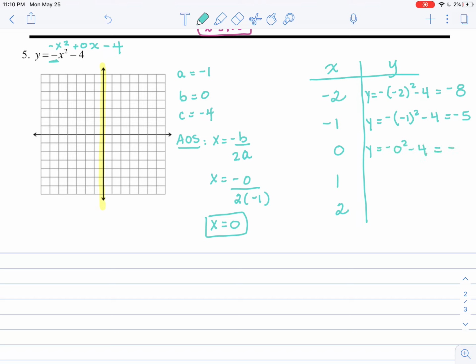When x is 0, negative 0 squared minus 4 is negative 4. And I know the values must be symmetric, so that means when x is 1, y must be negative 5. And when x is 2, y must be negative 8. Okay, everything is symmetric about the vertex.